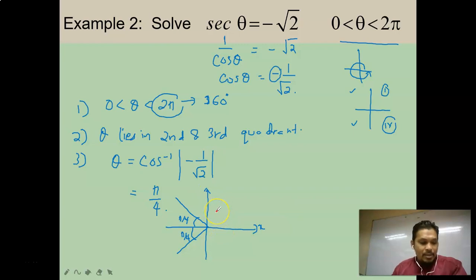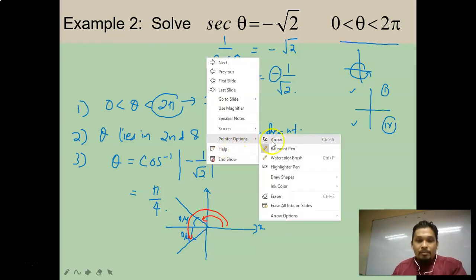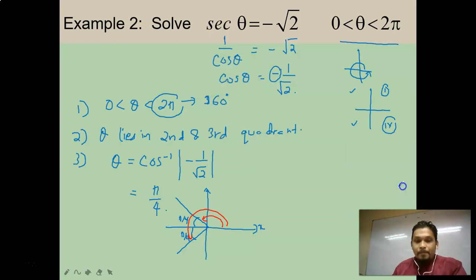Okay, the first one in here, and also next is. So by looking at this, we call the line that I made up just now, the first red ink arrow here. 180 degree is considered as pi, and 360 is 2 pi.